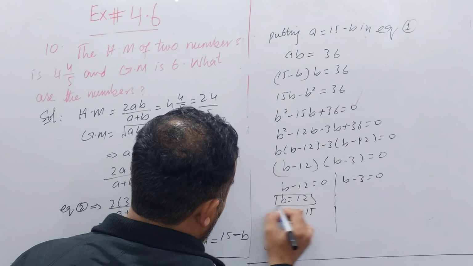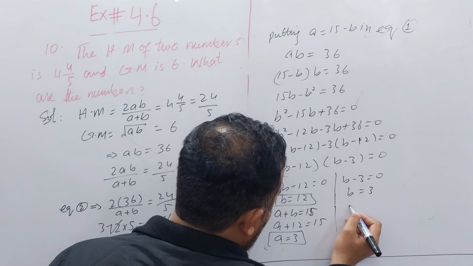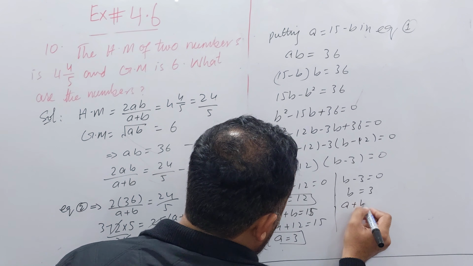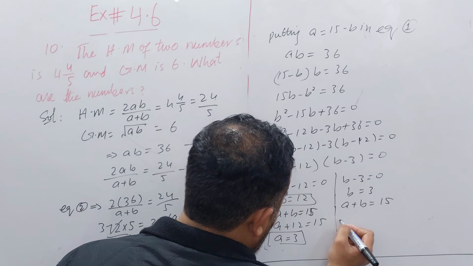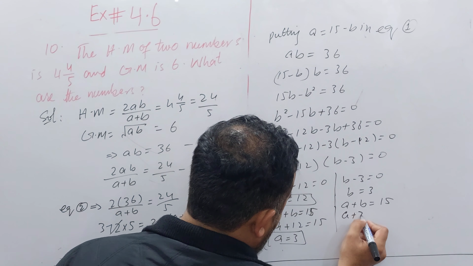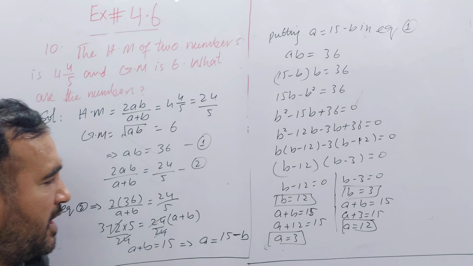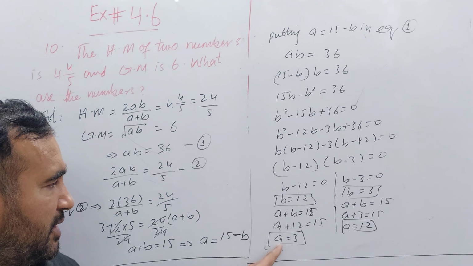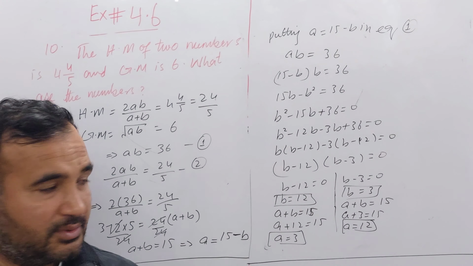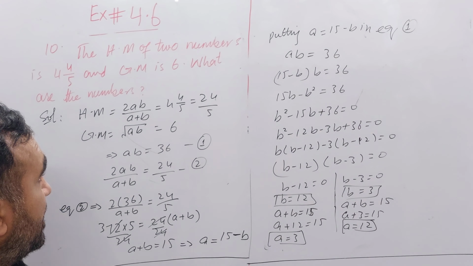If b minus 3 is equal to 0, then b is equal to 3, and a plus b is equal to 15. So a plus 3 is equal to 15, which makes a equal to 12. So these are the two possible values of a and b. If b is 12, then a is 3. If b is 3, then a is 12. So that's how we got the values of a and b.